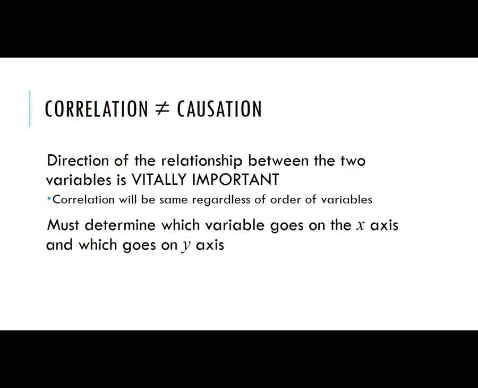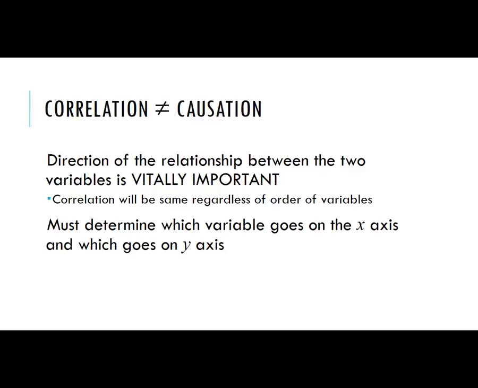We should also remember that correlation does not equal causation. Even if there is a correlation between two variables, it does not necessarily mean that one is causing the other. We would like to sometimes try to confirm or verify that, but in general, correlation does not equal causation.